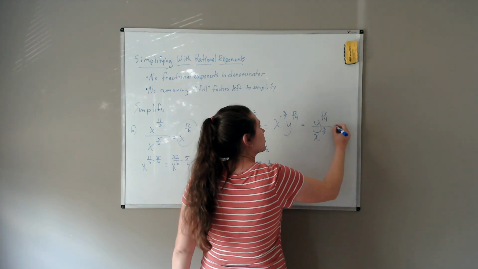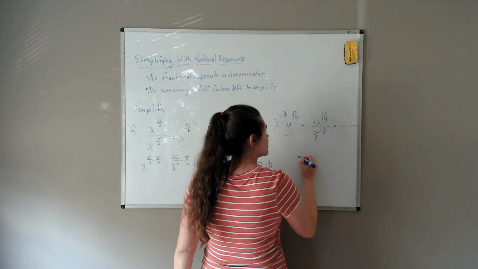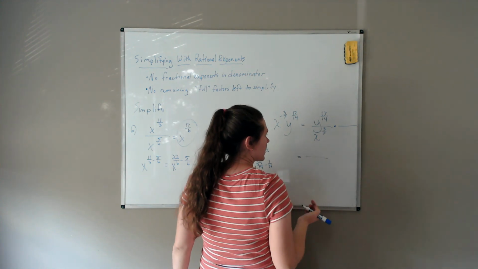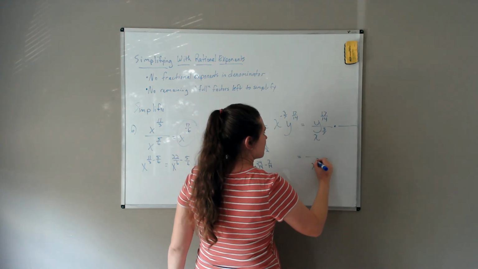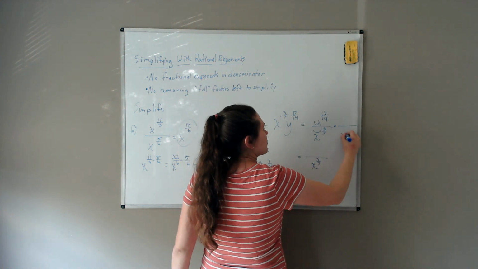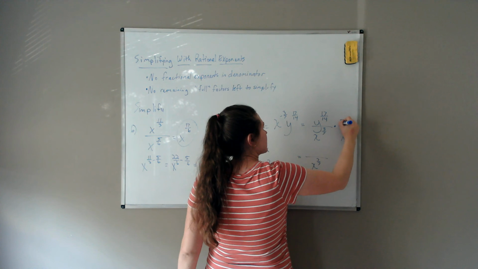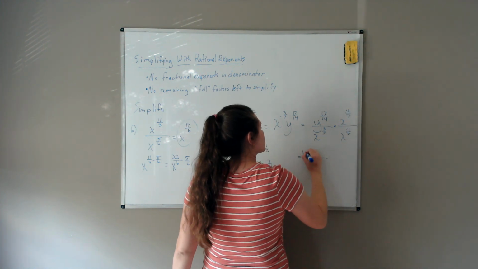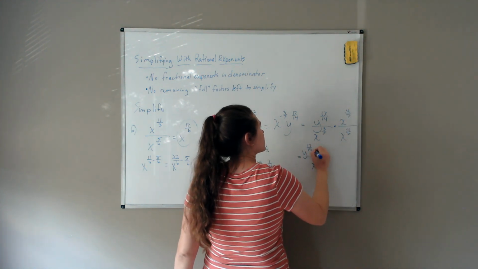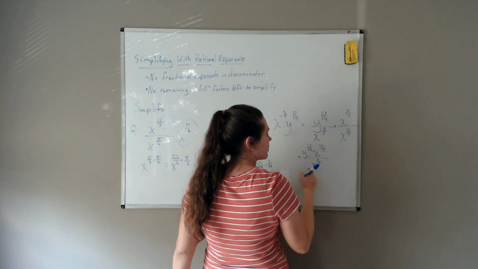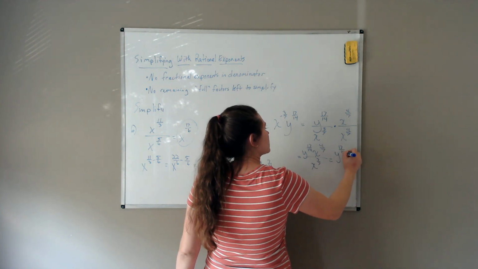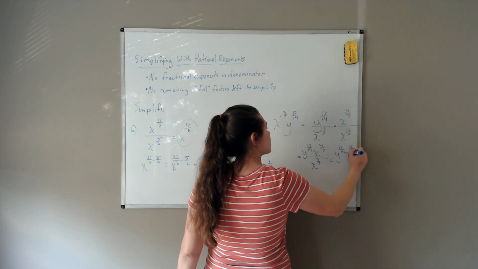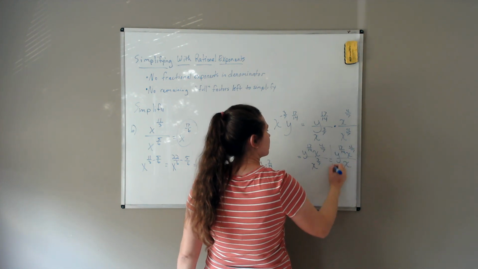And now we need to rationalize our denominator because we cannot have a fractional exponent. So counting up from 3/7, we want to get this to be x to the 7/7. So we'll have to multiply that by x to the 4/7. So this is y to the 17/14, x to the 4/7 all over x to the 7/7, which would become y to the 17/14, x to the 4/7 all over x to the 1st.